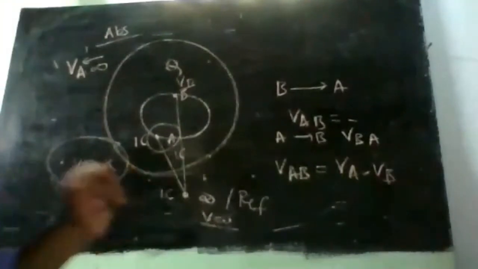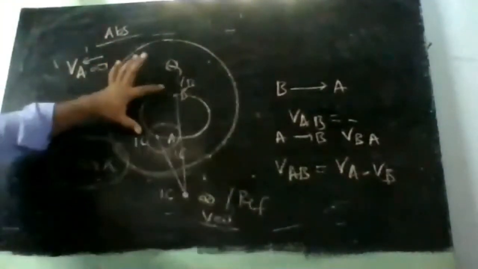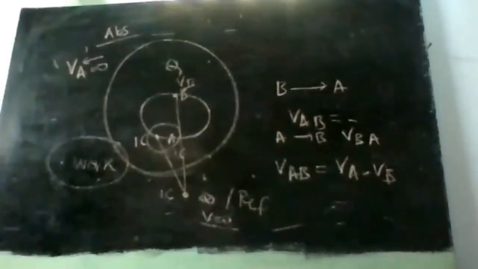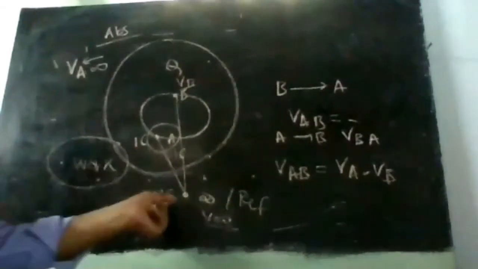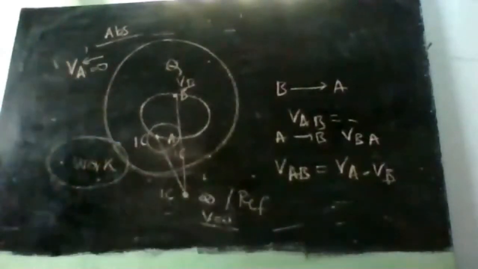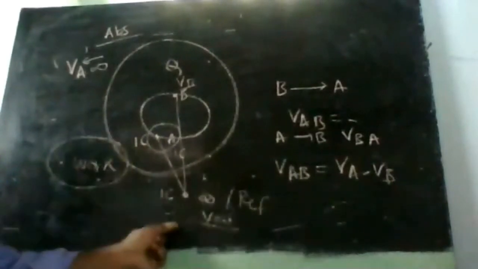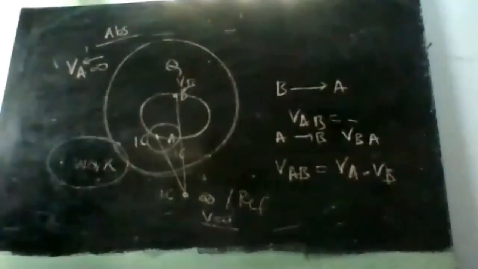Potential difference means the difference, that is, I am moving the test charge between these 2 points. What is absolute potential? Absolute potential is the amount of work done in moving the charge from infinity to the point A. That's called VA. From the point infinity to point B is called VB. Clear with this?